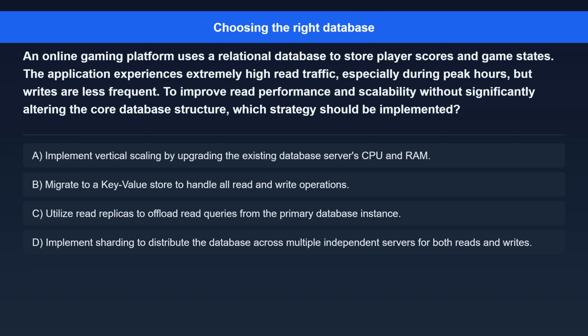Option A, implement vertical scaling by upgrading the existing database server's CPU and RAM. Option B, migrate to a key value store to handle all read and write operations. Option C, utilize read replicas to offload read queries from the primary database instance. Option D, implement sharding to distribute the database across multiple independent servers for both reads and writes.